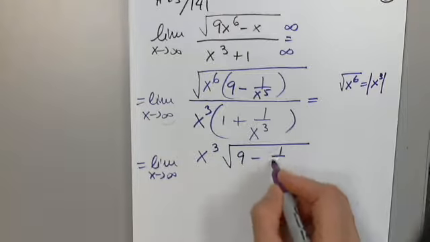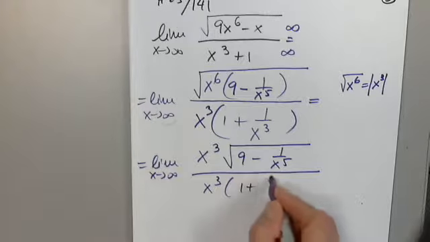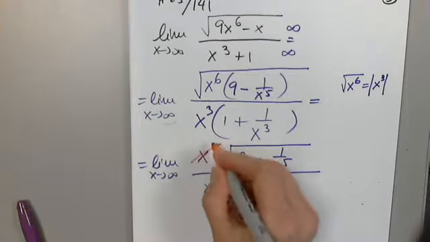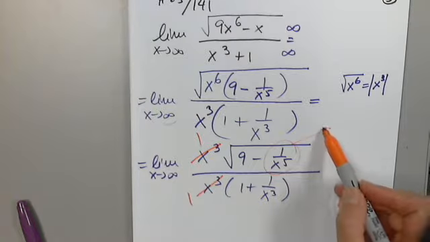So 9 minus 1 over x to the 5th, everything over x cubed, 1 plus 1 over x cubed. What do you think we are going to do next? Yes, I'll simplify x cubed with x cubed. And now I'm asking myself, where does this go?